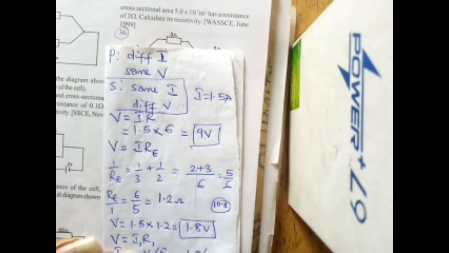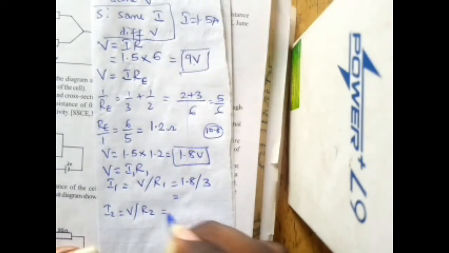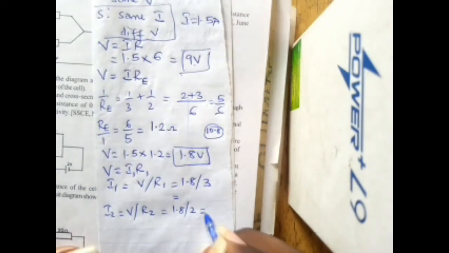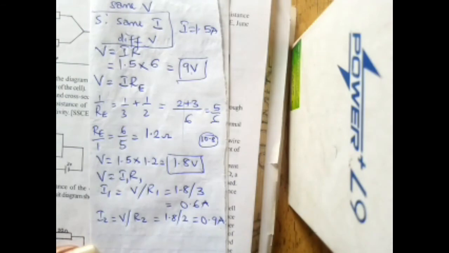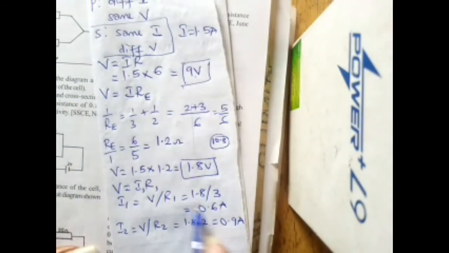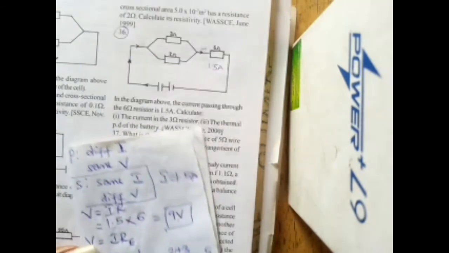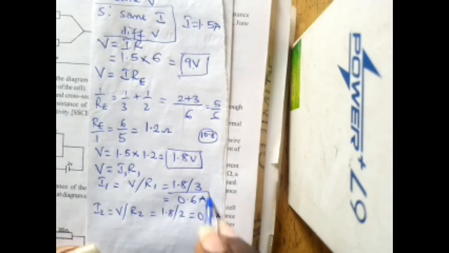And to find I2, V over R2, 1.8 over 2. 1.8 over 3 gives me 0.6 amperes, and this gives me 0.9 amperes. So for the 3 ohms resistor, I have 0.6 amperes. For the 2 ohms resistor, I have 0.9 amperes. So question I, the current in the 3 ohms resistor is 0.6 amperes.